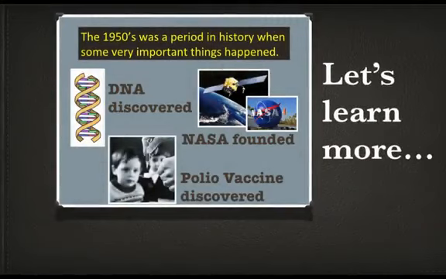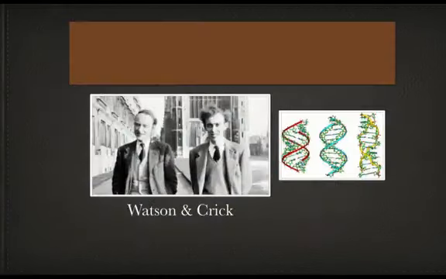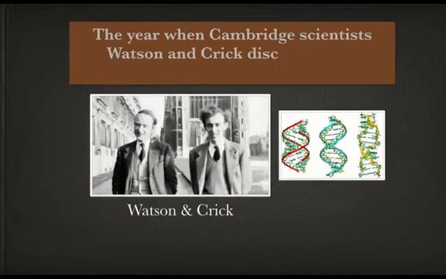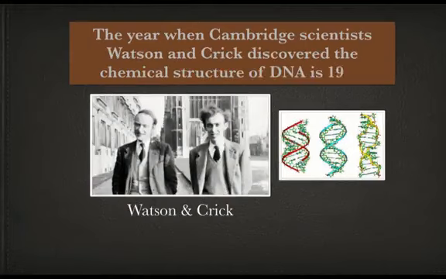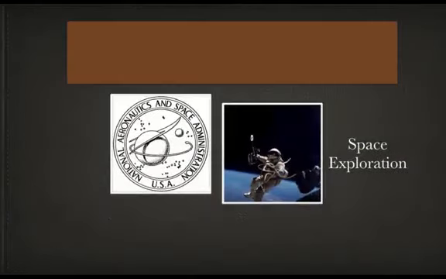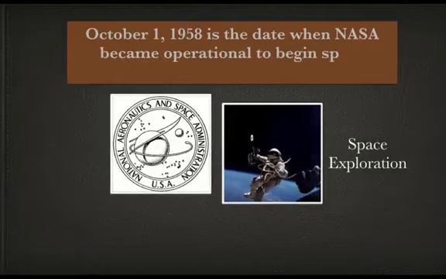Pay close attention to the use of when to form adjective clauses about time. The year when Cambridge scientists Watson and Crick discovered the chemical structure of DNA is 1953. Since then, we have learned so much about all living things thanks to these scientists. October 1st, 1958 is the date when NASA became operational to begin space explorations.